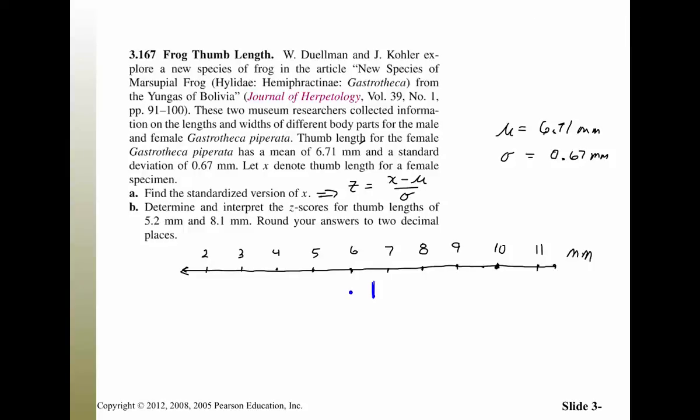And what is significant about that range? That's right. And when we're talking about a population, it's going to be 68%, okay?